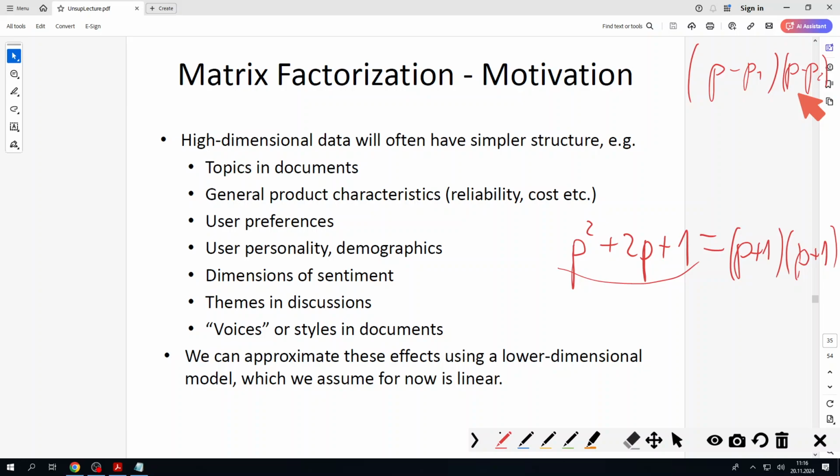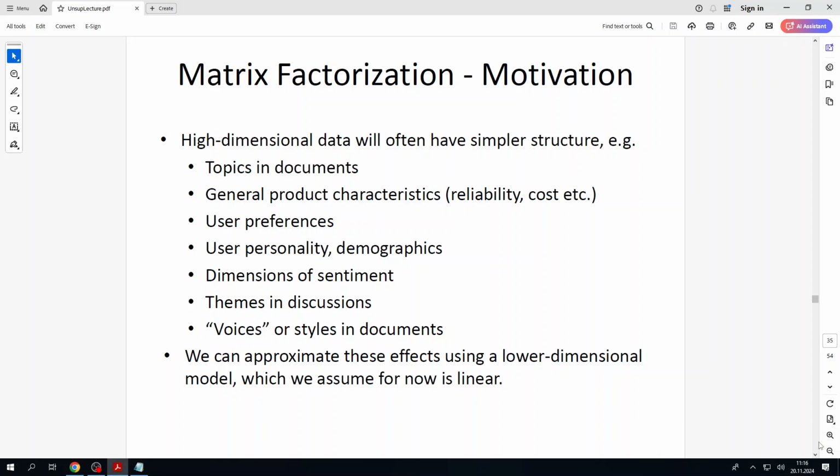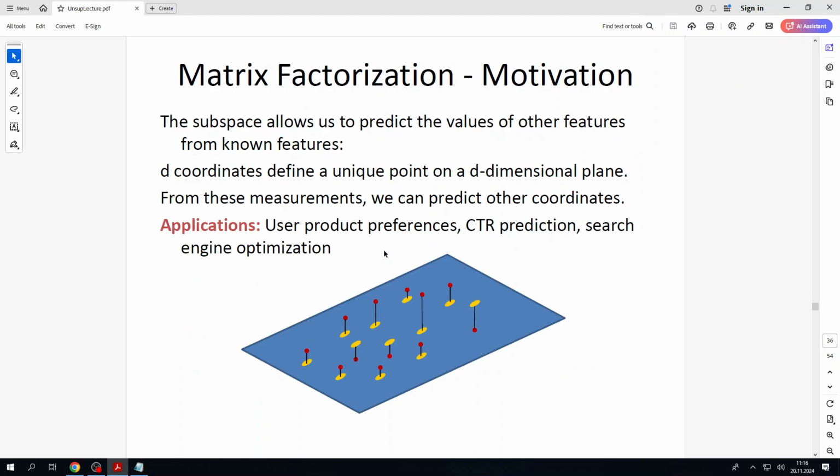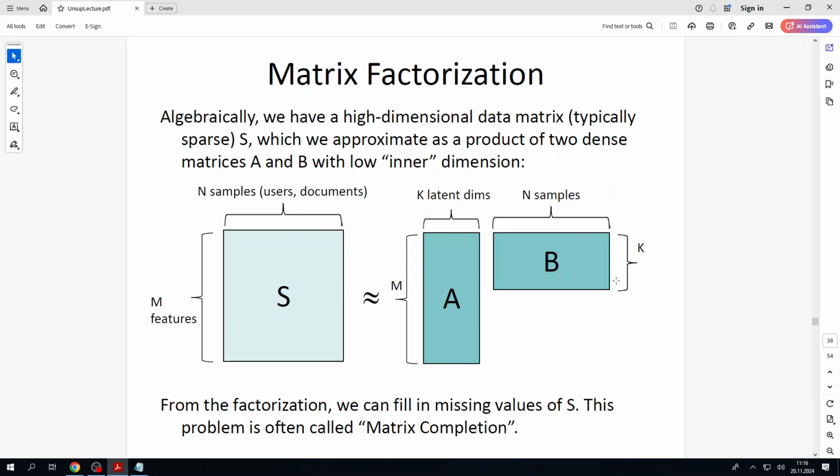Now, the same can be done for your data set as a matrix by factorizing it into two smaller matrices. Like here, you have, let's say, users as features and samples as, let's say, movies you want to evaluate. So then you split this one matrix, which is half empty, into two much smaller matrices. The first matrix has the same number of users.